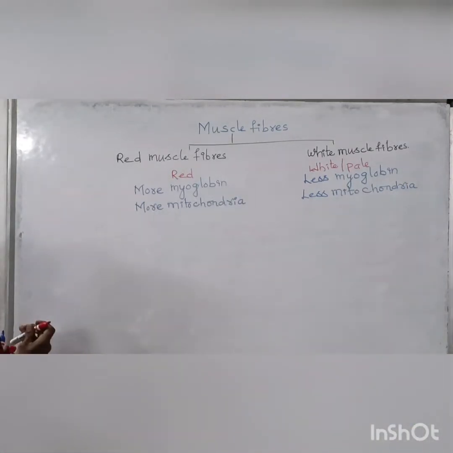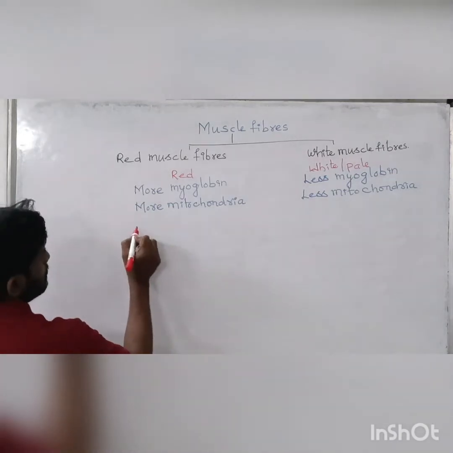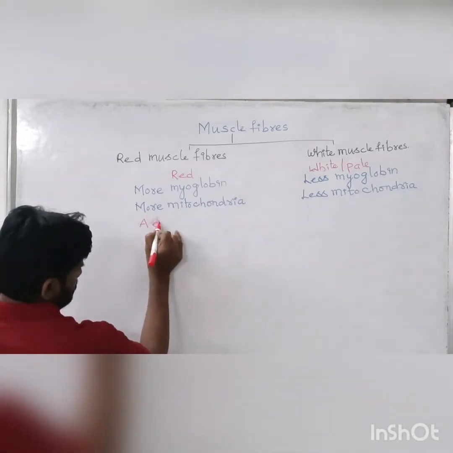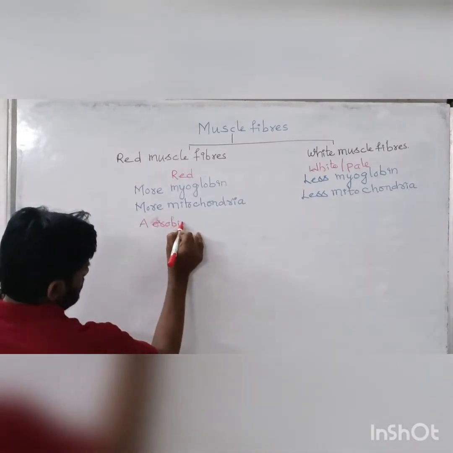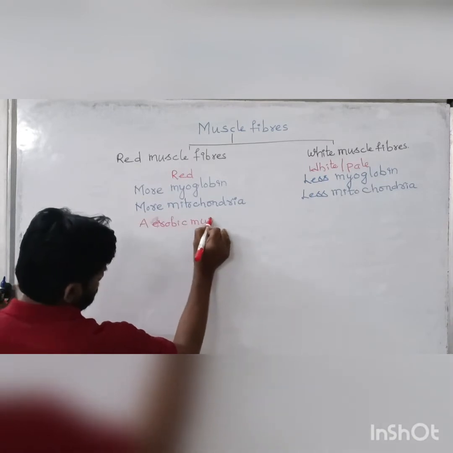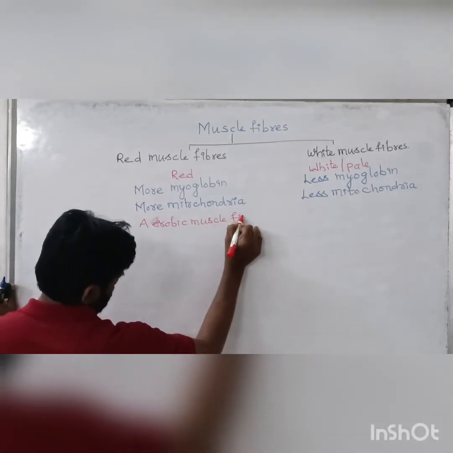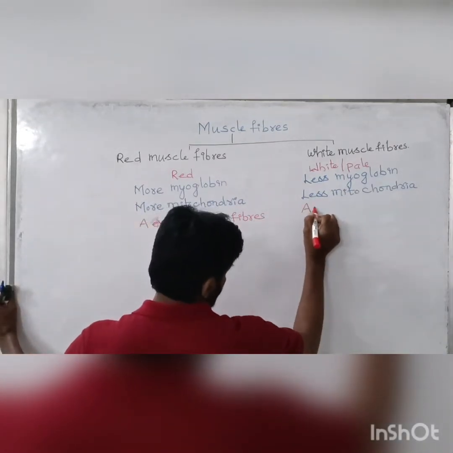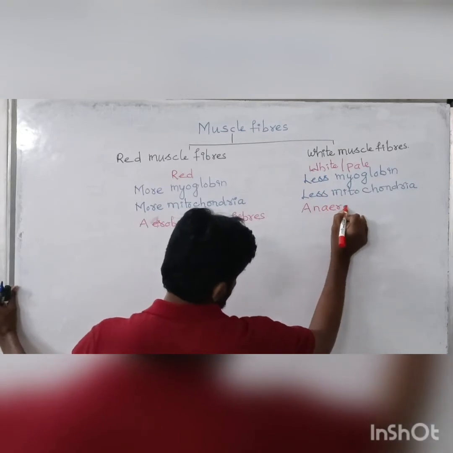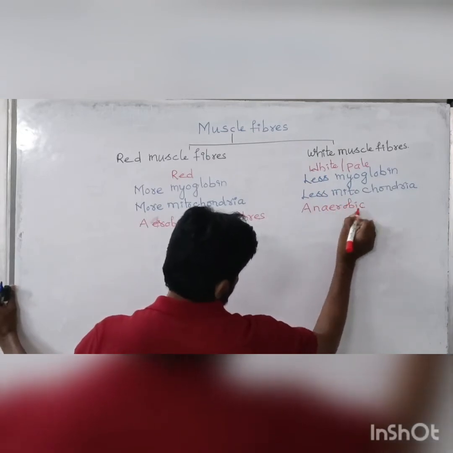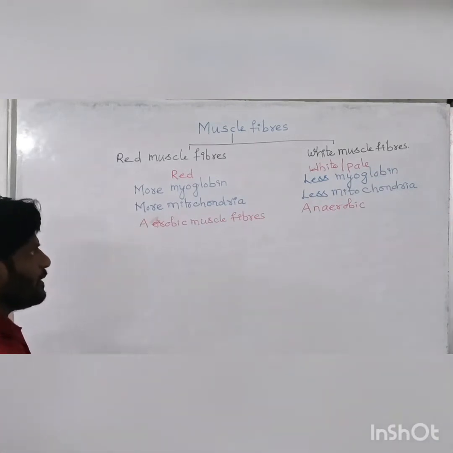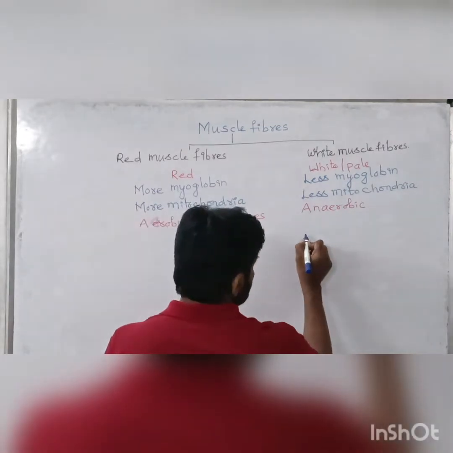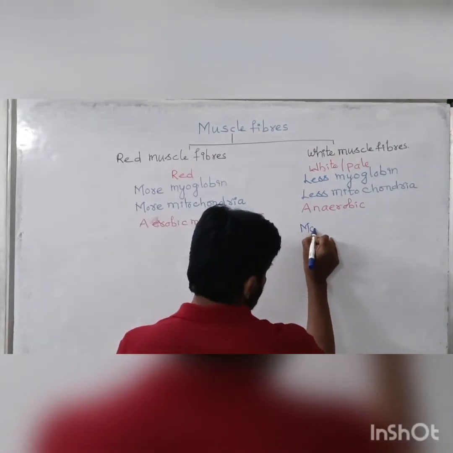And one more thing: red fibers are aerobic muscle fibers, and white fibers are anaerobic muscle fibers. But coming to the sarcoplasmic reticulum, be very careful. In the white muscle fiber, there is more sarcoplasmic reticulum.